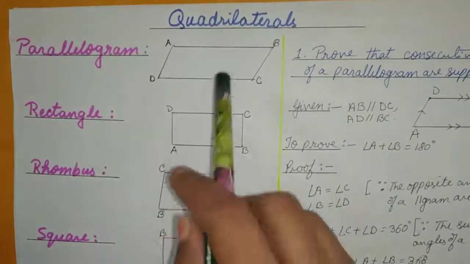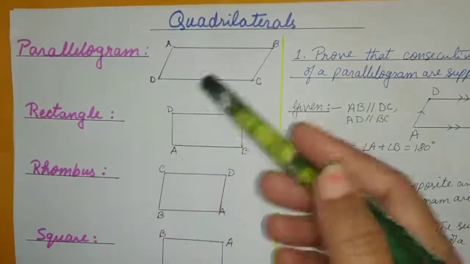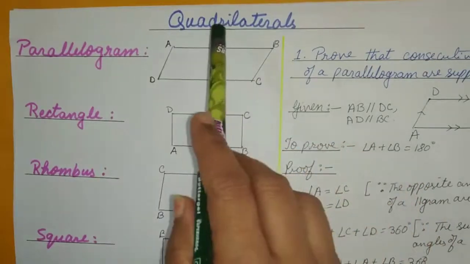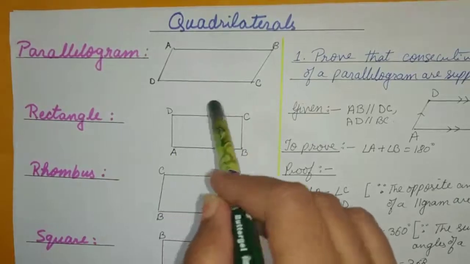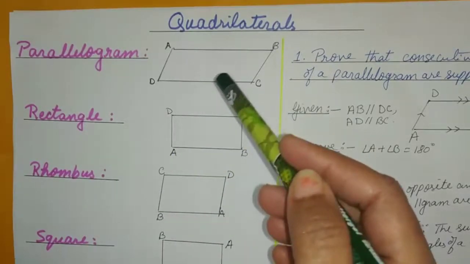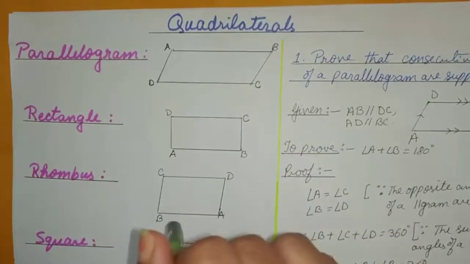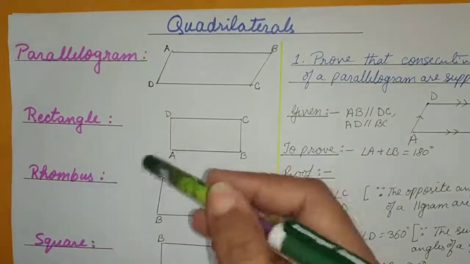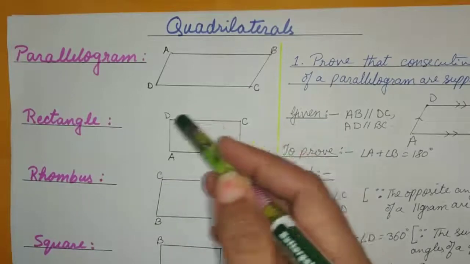Today we will study about quadrilaterals. Actually any four-sided regular geometrical figure is a quadrilateral, and depending on the properties of its sides, its vertices, its diagonals, we give them different names like parallelogram, rectangle, rhombus, square, kite, and so on.